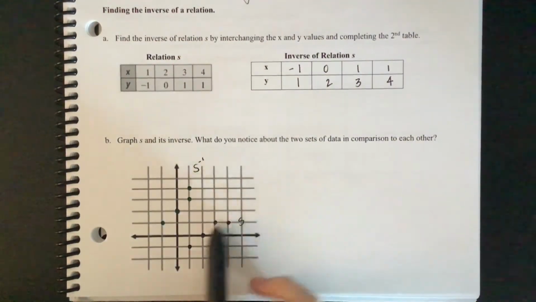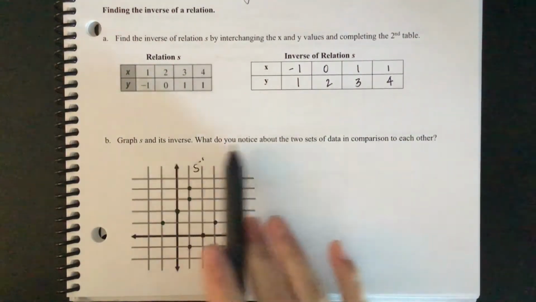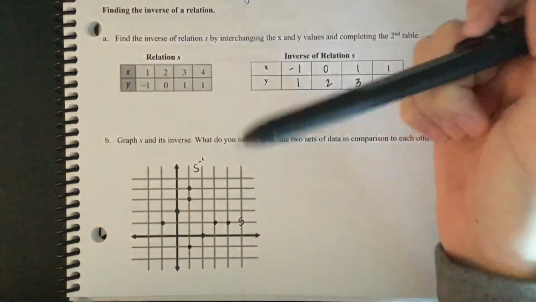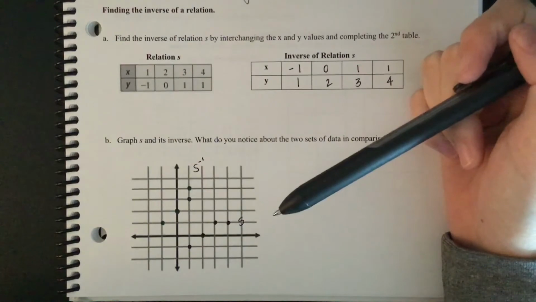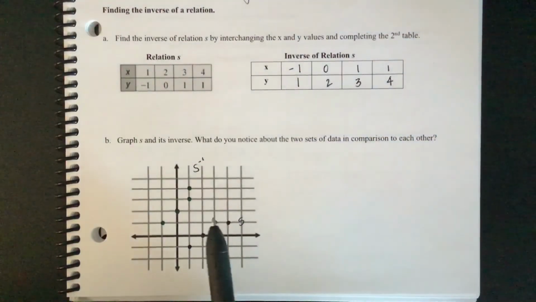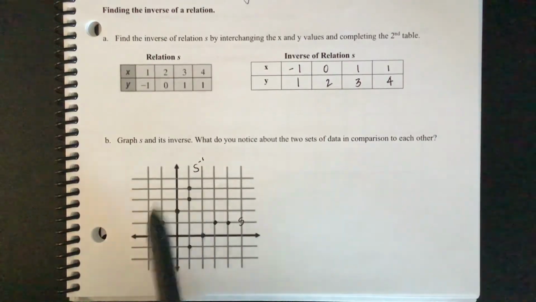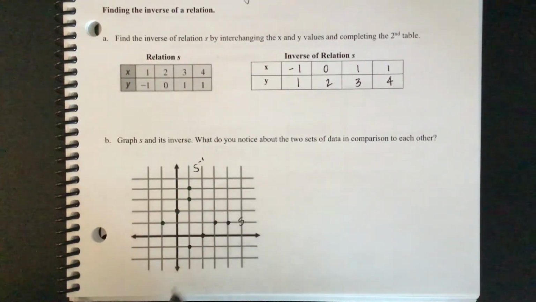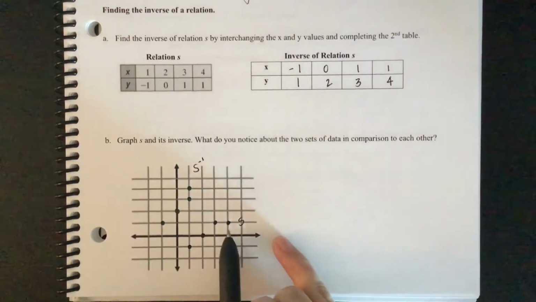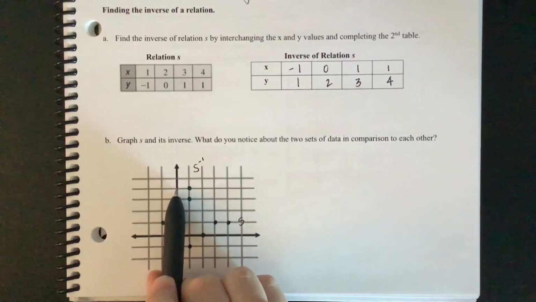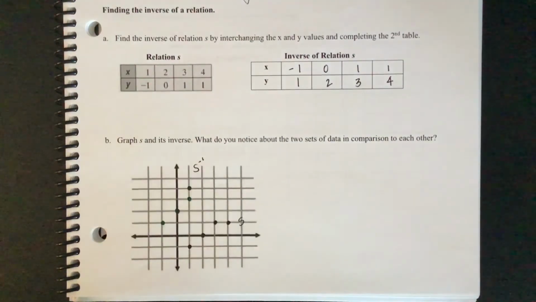So here's our original relation S. How do the two compare, right? Well, there's clearly symmetry of some sort. Here you could compare these inverse points to these pretty easily, okay? Notice how this is on the same position as the y-axis.